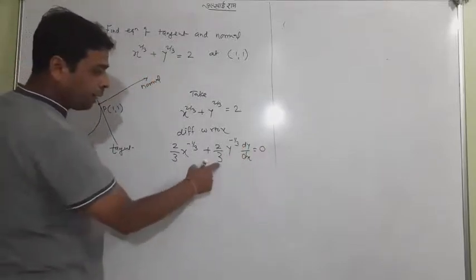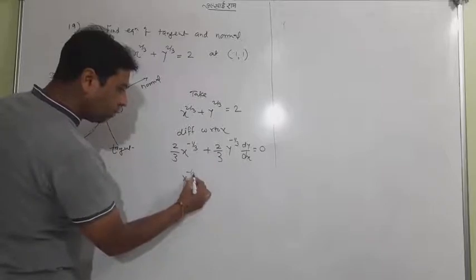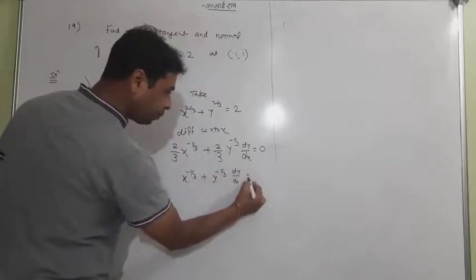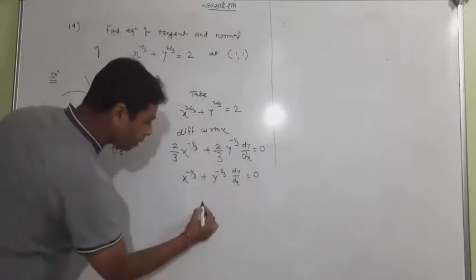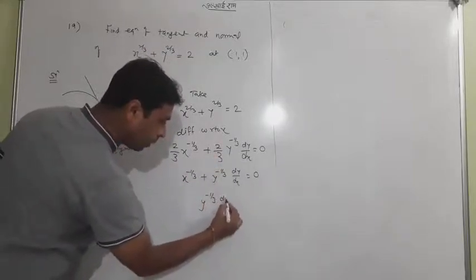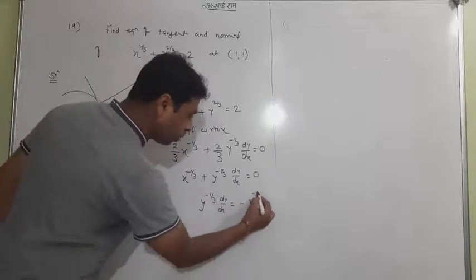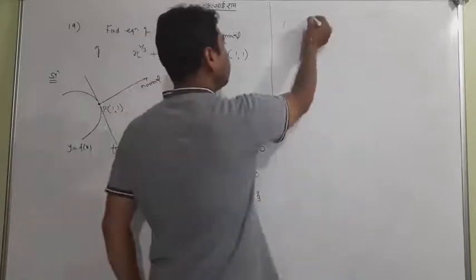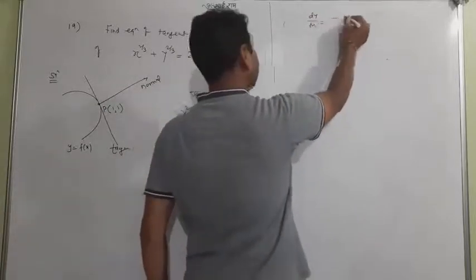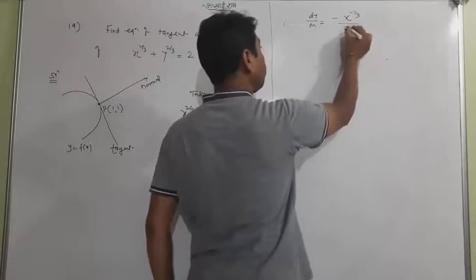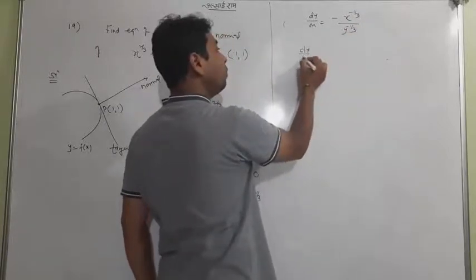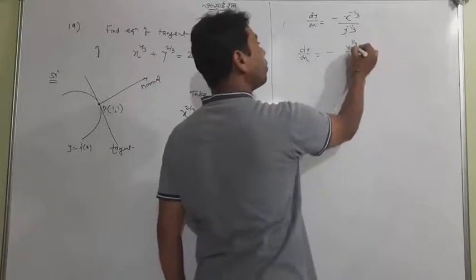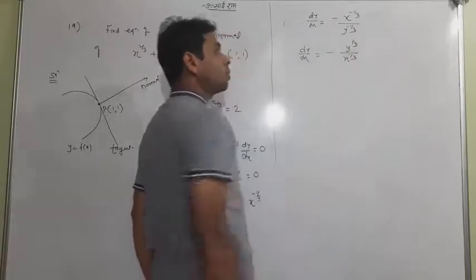So first divide by 2/3 throughout. Then I find dy/dx. So y to the power minus 1/3 times dy/dx will be minus x to the power minus 1/3. Then I transfer y to the power minus 1/3 downside, so dy/dx will be minus x to the power minus 1/3 upon y to the power minus 1/3. And for convenience, I take the reciprocal of both terms, so y to the power 1/3 goes upside and x to the power 1/3 comes downside.